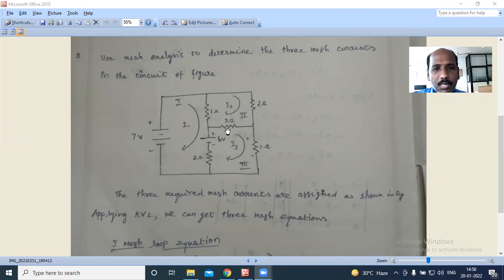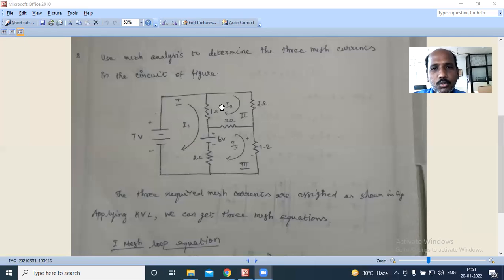Assume the mesh current. Here I assumed the mesh currents. In the first mesh, the current is I1, and I am considering the direction as clockwise.